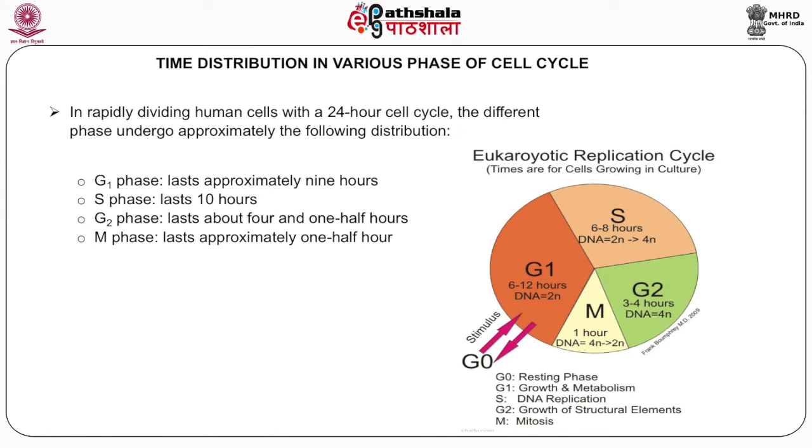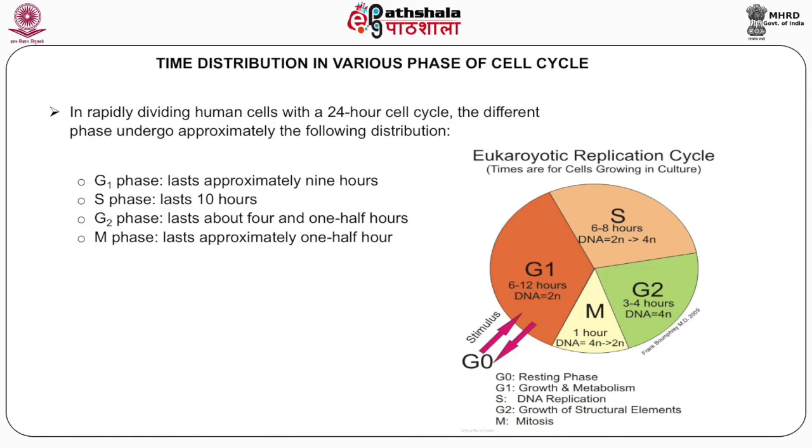The time that a cell spends in each phase of the cell cycle also varies. When fast dividing mammalian cells are grown in culture, that is in vitro, when we are maintaining them under proper growth conditions, the length of the cell cycle is about 24 hours. In rapidly dividing human cells with a 24-hour cell cycle, the different phases undergo approximately the following distribution.